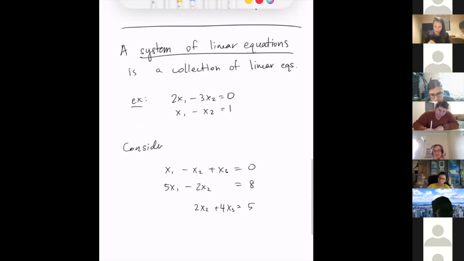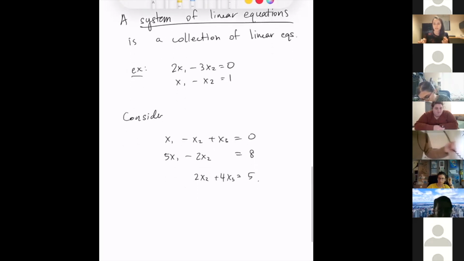Here's another system of equations. It's a little bit harder to solve. Maybe it's not immediately obvious how you should go about doing this. You could probably fuss around with it and figure out an answer. But the idea that we're going to introduce here is how to solve these systems for even larger systems with more variables and more equations, and come up with a nice way of solving any system of equations. No matter how complicated it is, you could have 5 variables and 5 equations or something like that, we'll be able to deal with it.